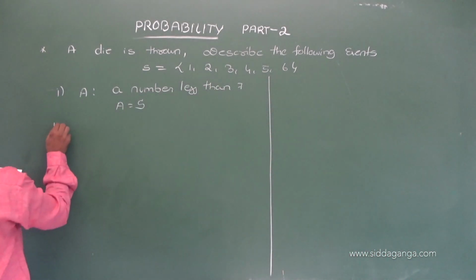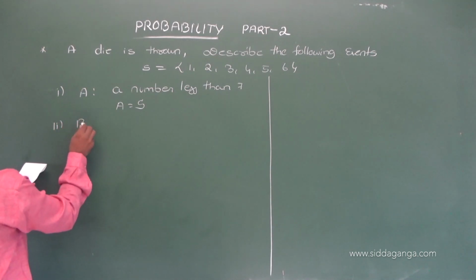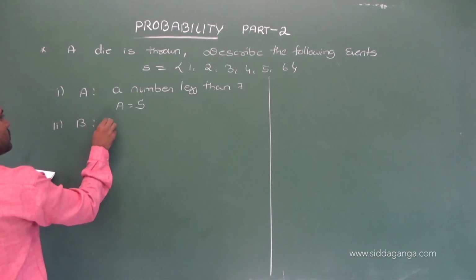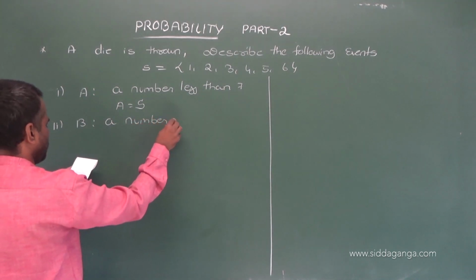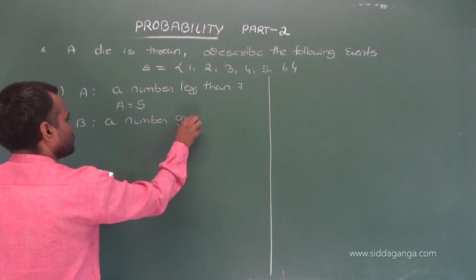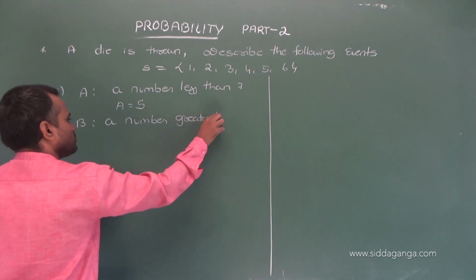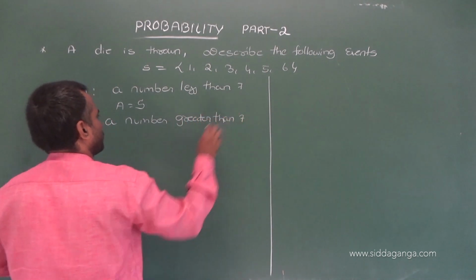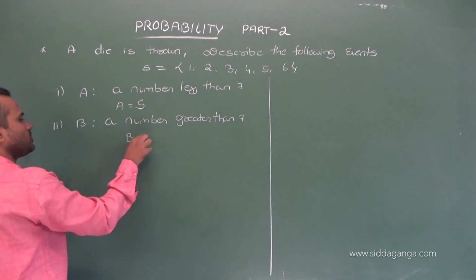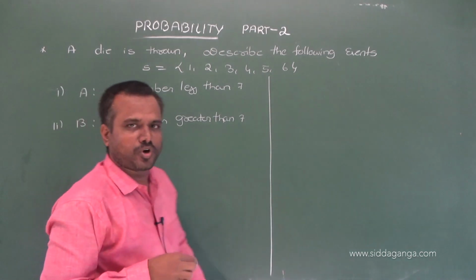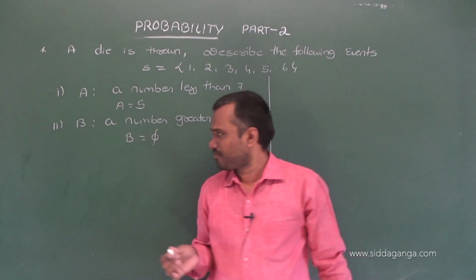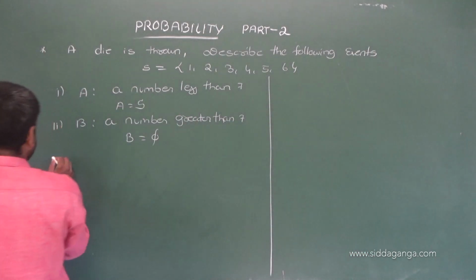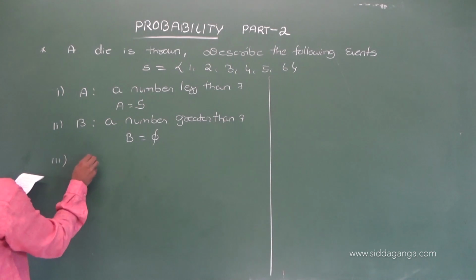Second one, B: a number greater than 7. Then B is equal to the null set. That is an impossible event. First one is a sure event, second one is an impossible event. So third one, C.